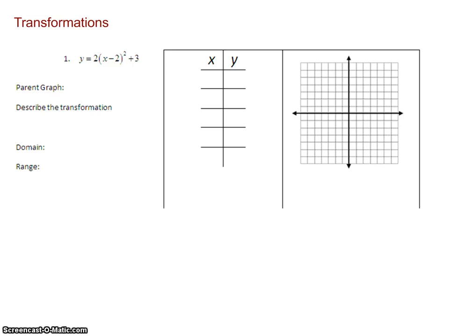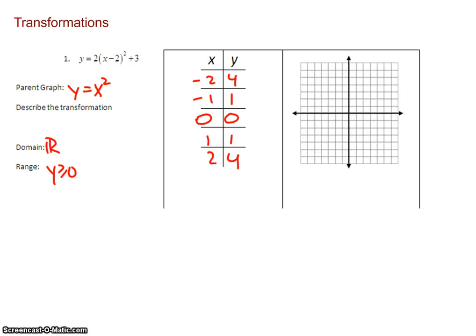All right, so now what we can do is start pulling all of this together and do both, a translation and a dilation. So again, cross off anything multiplied and divided, what's left, y equals x squared. There's your parent graph. Okay. Same process. Copy your table. Copy your domain and range. Start describing.